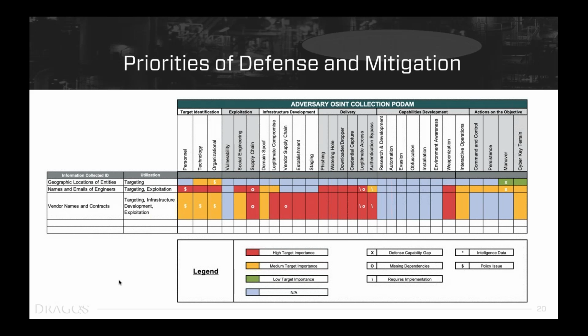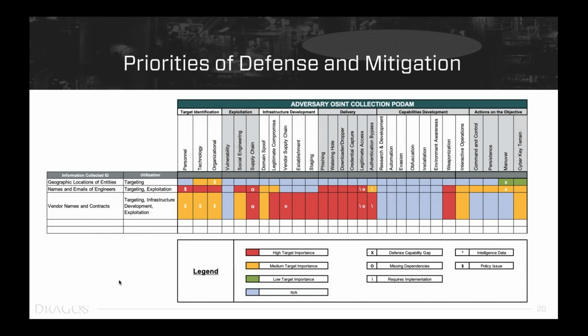Also, we can look at exploitation for looking for vulnerabilities, infrastructure development to establish domain spoofs, or looking for victims to perform a legitimate compromise for access. We can also look at delivery, identifying phishing targets, as well as allowing them to create legitimate looking phishing messages.